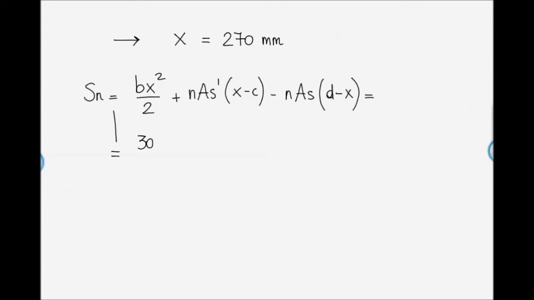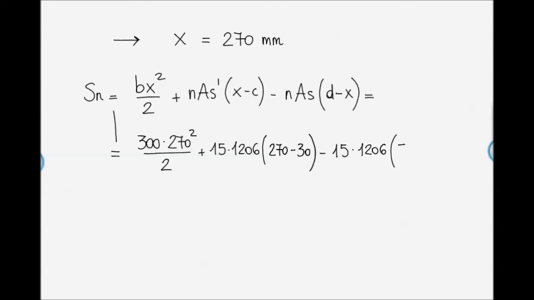While substituting the numbers, we obtain this expression, which gives 9,850 by 10 to the power of 3 cubic millimeters.